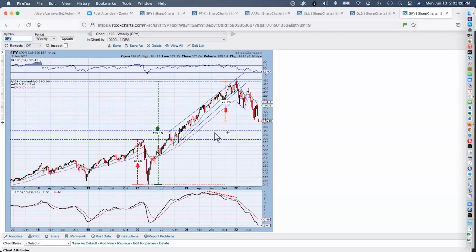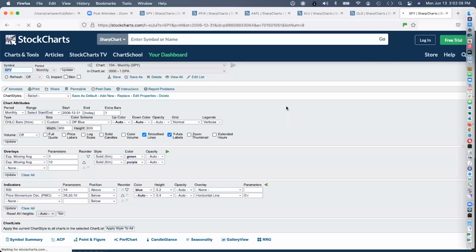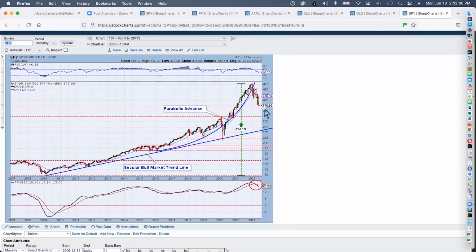So that's the next area of support that I see. And let's look at the monthly too. Here it's getting down to this level. And again, 3,200 or 3,500 right here. That's the next level.